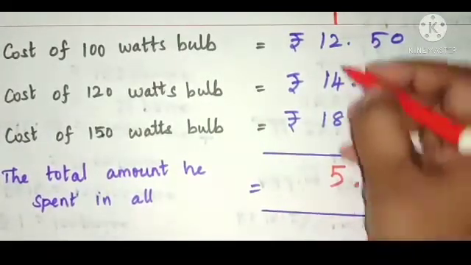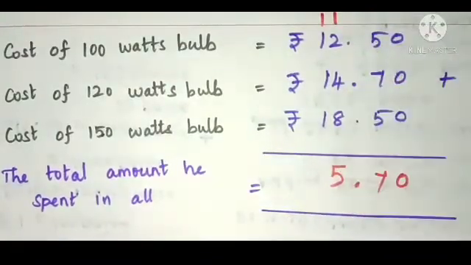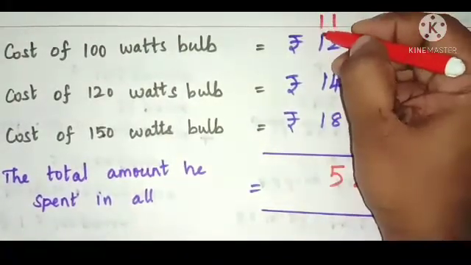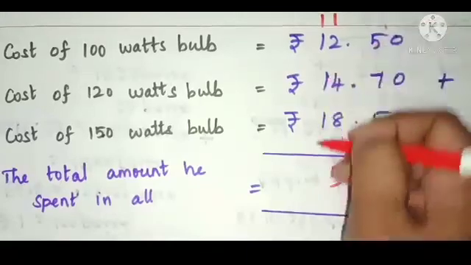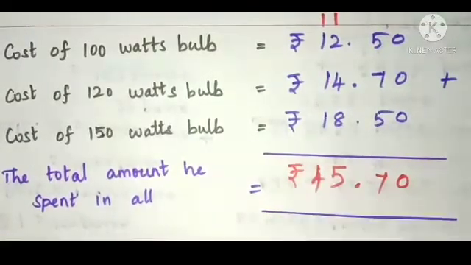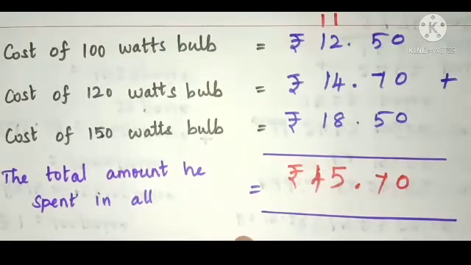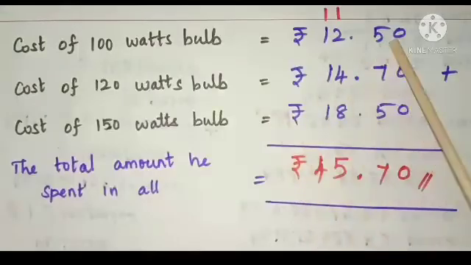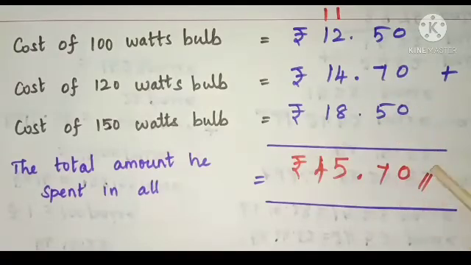Write down 5 here and carry 1. 1 plus 1, 2. 2 plus 1, 3. 3 plus 1, 4. Here the symbol is rupees. The total amount he has to spend in all is 45 rupees 70 paise. Children, here we have done addition on money without conversion.